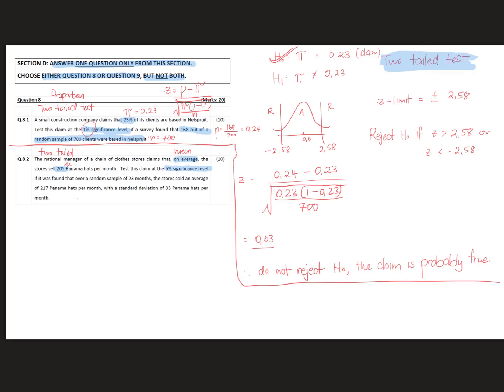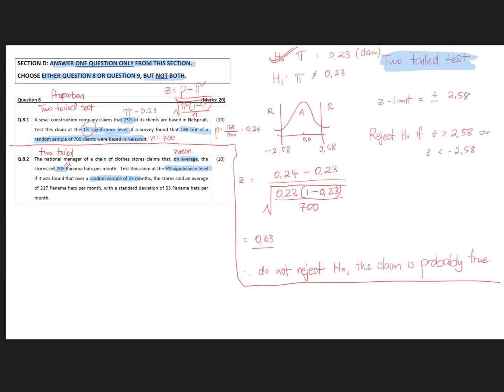If it was found that over a random sample of 23 months, now, immediately, this sample size is 23. And remember, whenever we have a small sample size, this indicates to us that we're working with a T limit, not a Z limit.